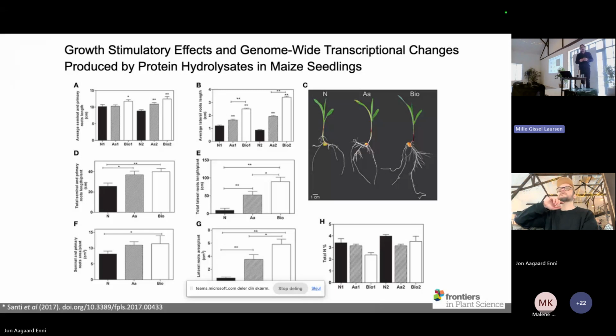Just to add to your point, I just looked it up, and according to the study from before, the carbon from the glutamine only accounted for 7 to 8% of total biomass carbon in the samples. Okay. Yeah, exactly.